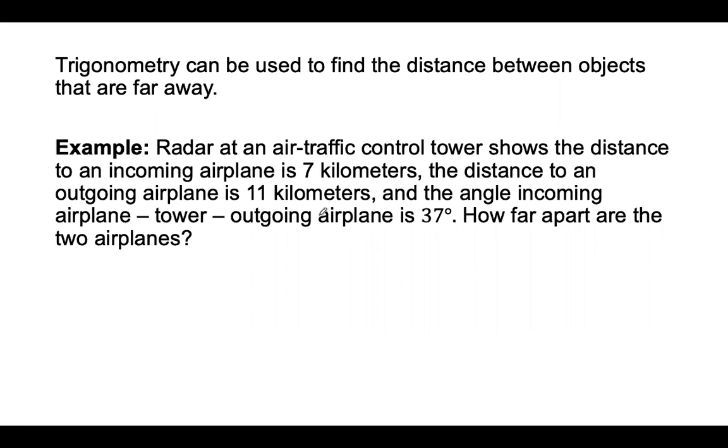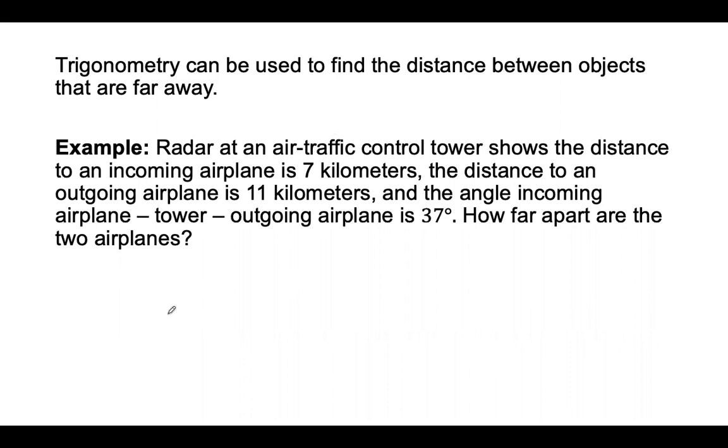Did anyone look at this example? It's an important example, perhaps if you were flying a plane. Radar and air traffic control tower shows that the distance to an incoming airplane is 7 kilometers and the distance to an outgoing airplane is 11 kilometers.